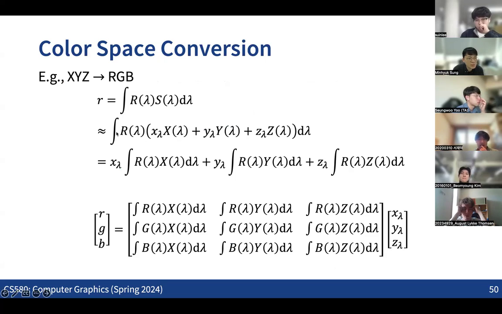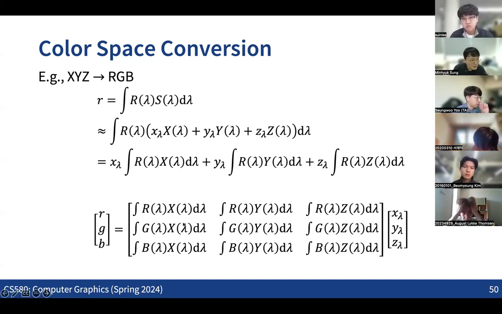So this is one specific example of how exactly we convert the XYZ color space into the RGB color space. If we substitute the spectral distribution here as a linear combination like this, then we can see that this three-dimensional vector with the XYZ value can be mapped to another three-dimensional vector describing the RGB color value.